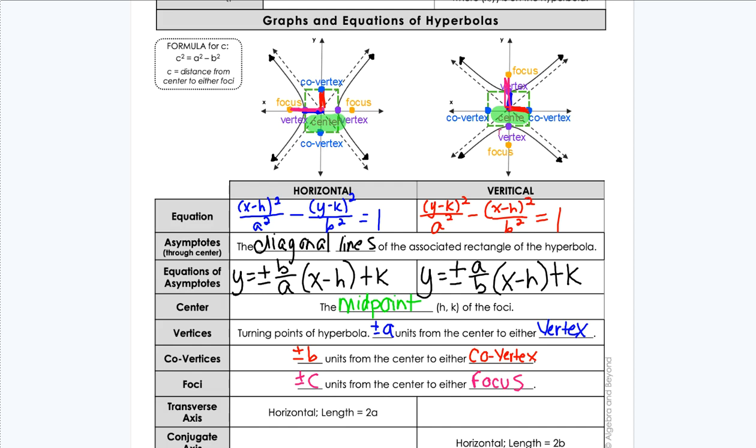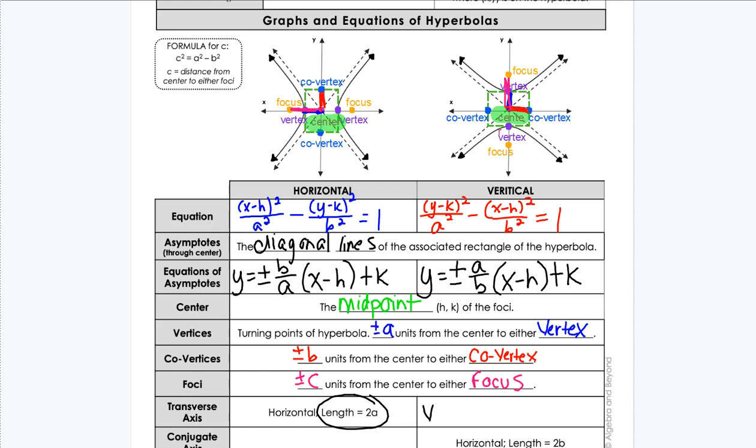All right. Next we have a transverse axis. When we have a horizontal hyperbola, that transverse axis is also horizontal, so it's going across the center, and the length of that is 2 times a. And remember, a is the distance from the center to the vertex. The same thing is true when it's vertical, it just flips.